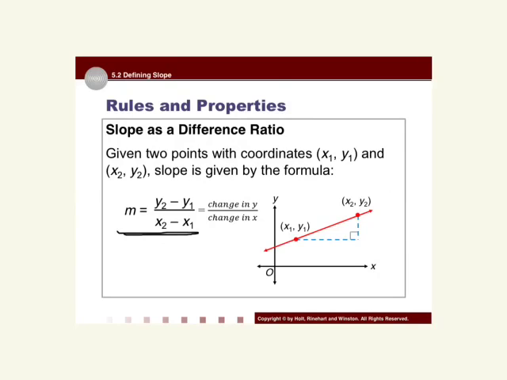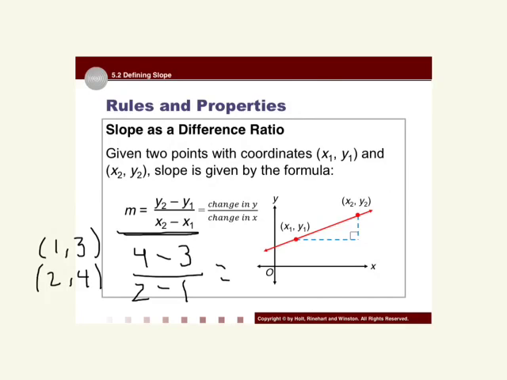So let's say you had (1, 3) and (2, 4). You take your second y, which is your 4, minus your first y, which is your 3, over your second x, which is your 2, minus your first x, which is 1.